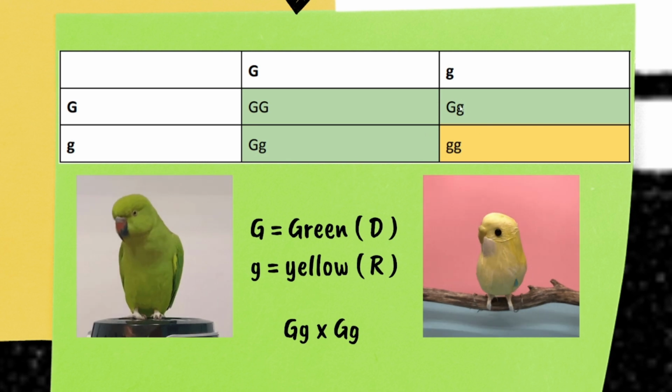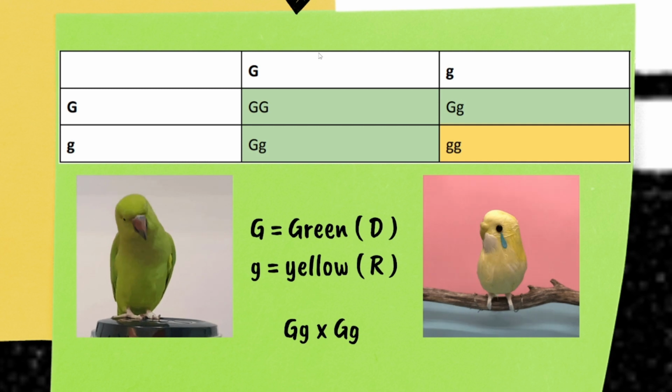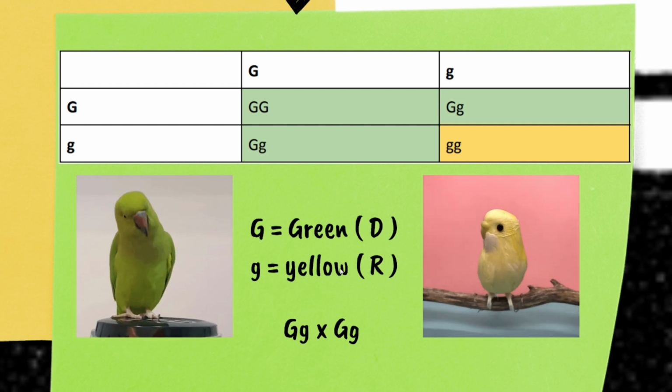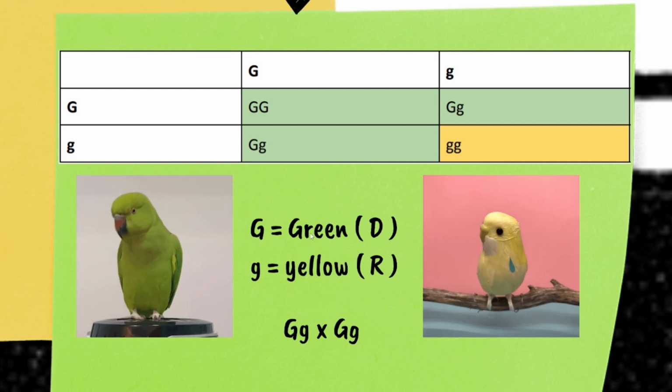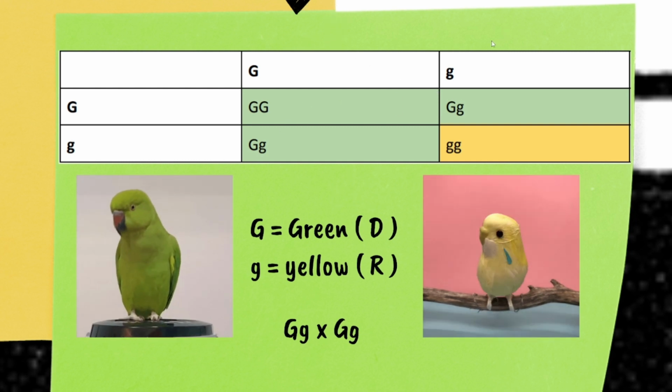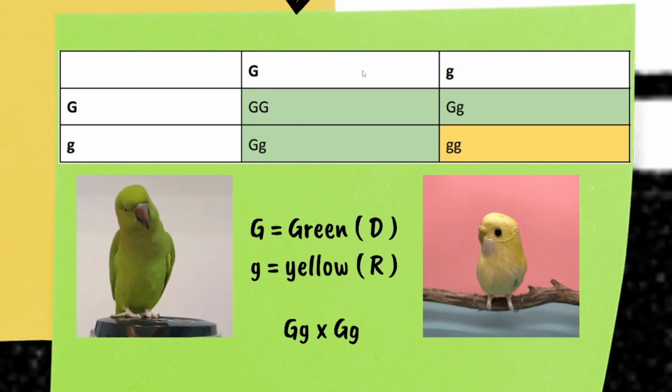Now, what is going on here? This is a monohybrid cross. What happens in a cross? We mate two organisms that have different genotypes or maybe the same genotypes just to see the results of the offspring. So what are we mating here?